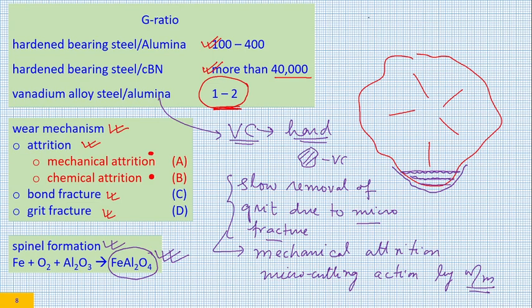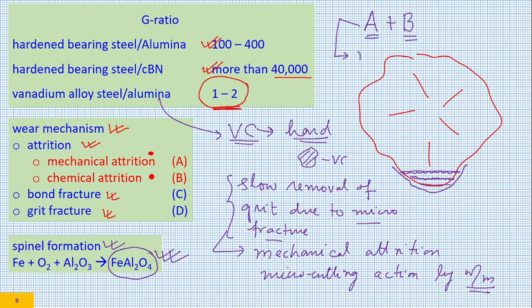So in this particular slide we have explained A and B. A is mechanical attrition and B is chemical attrition. Chemical attrition, the example that we have given, is spinel formation in grinding of ferrous alloys with alumina. What are A?